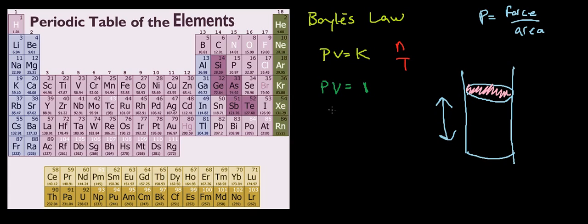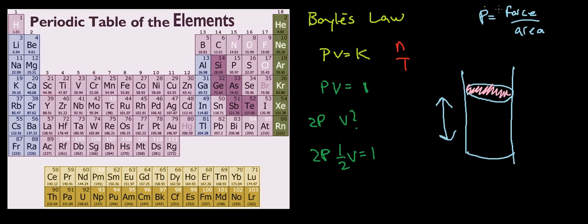If I were to double the pressure, what would happen to the volume? Well, if the pressure times the volume must always equal the constant 1, 2P must mean that I have to have 1/2 V to equal 1. And that's how this law is going to work, really.